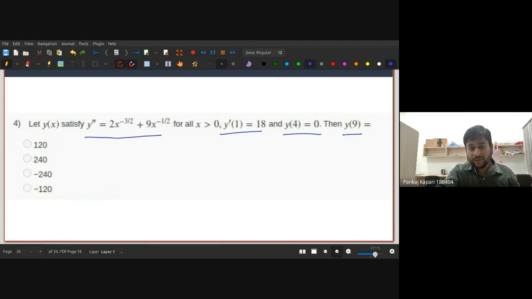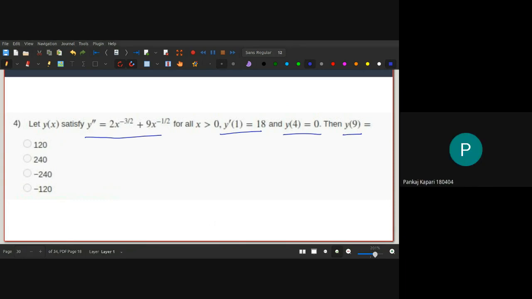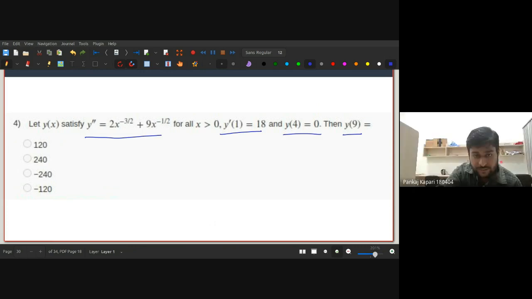For that we will apply the same method which we used in the previous similar problem, that reverse engineering method, guessing a function and then investigating.